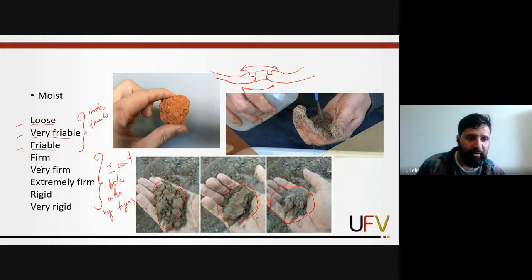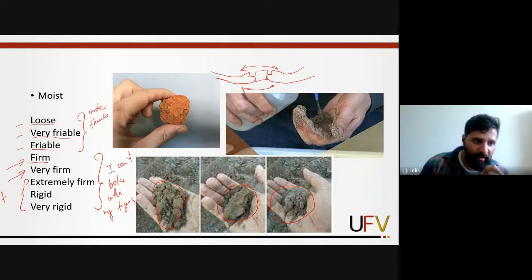If I can easily break the pad, it is classified as a firm consistency. If I can break the material, but it's not so easy, I have a very firm consistency. If I can't break the pad using my two hands, I can have one of these three classes.